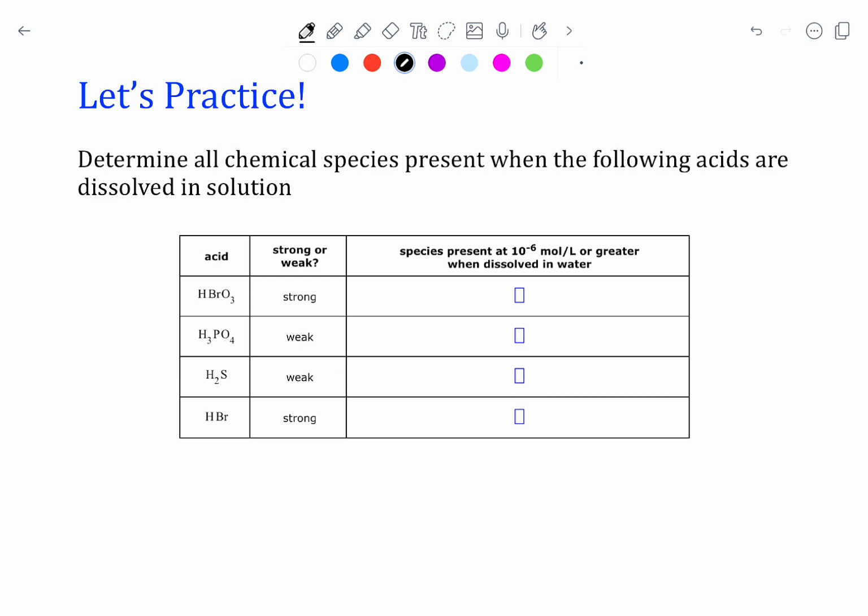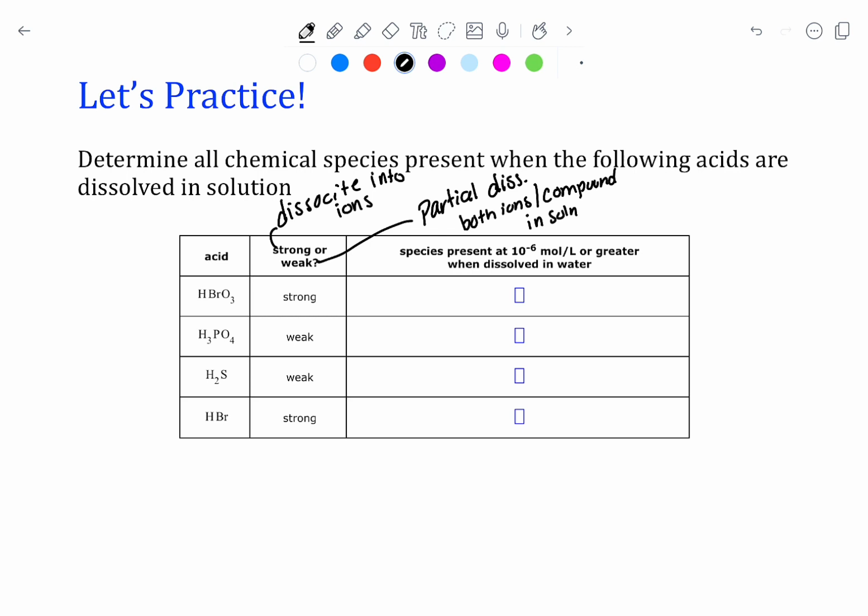We know that if it's strong, it's going to dissociate into ions, and that will be the only species in solution for these specific acids. If it's weak, we see partial dissociation. So we see both ions and compound in solution.